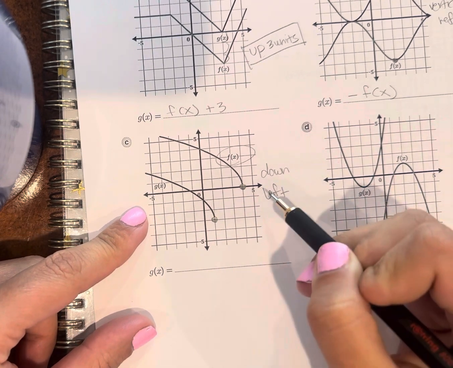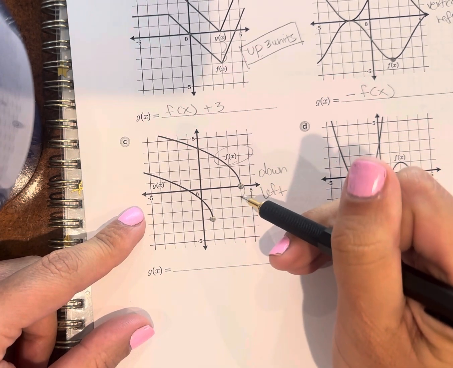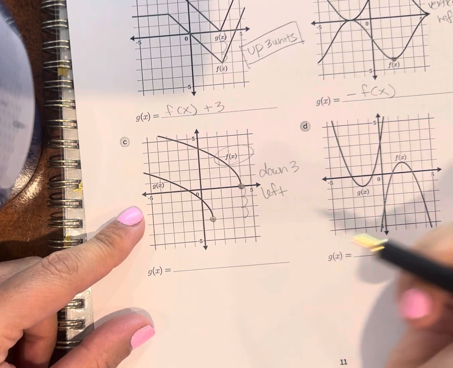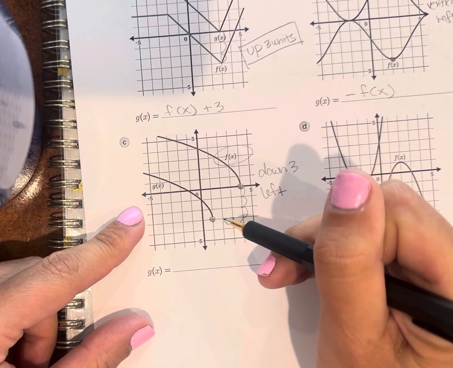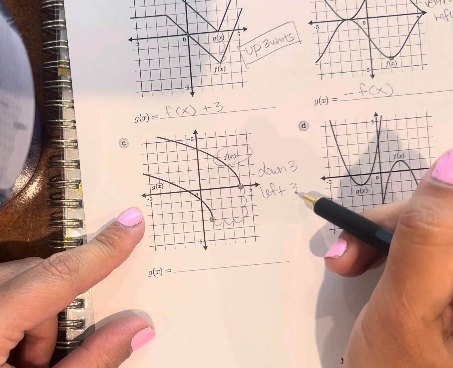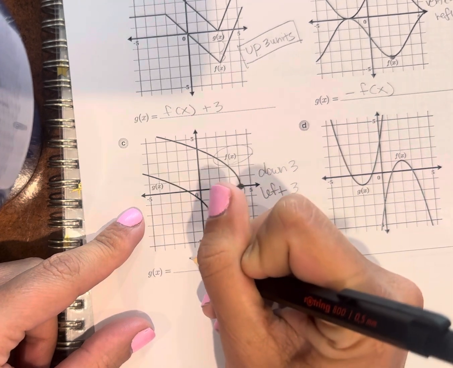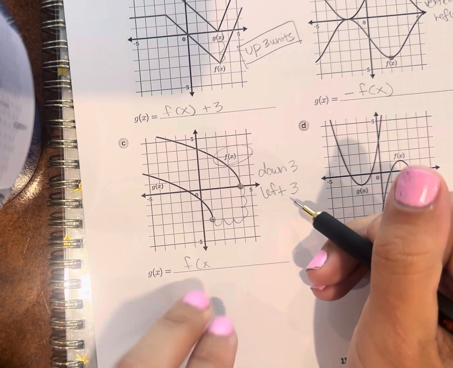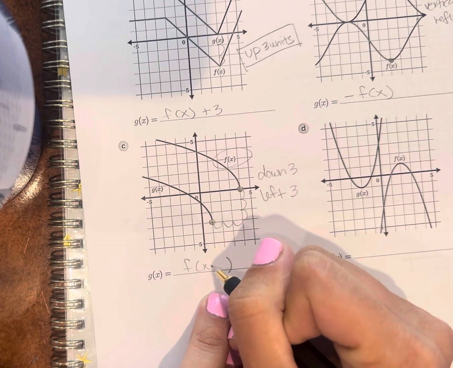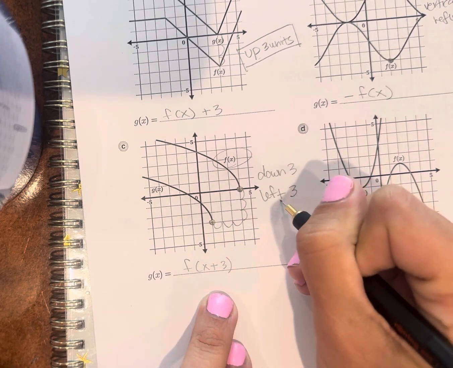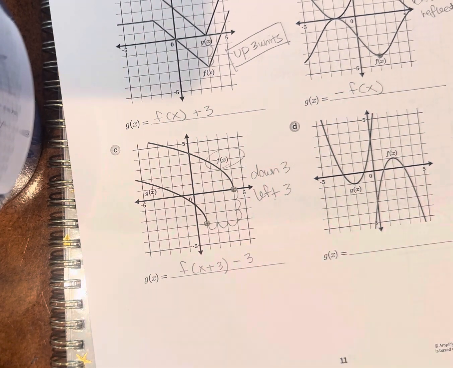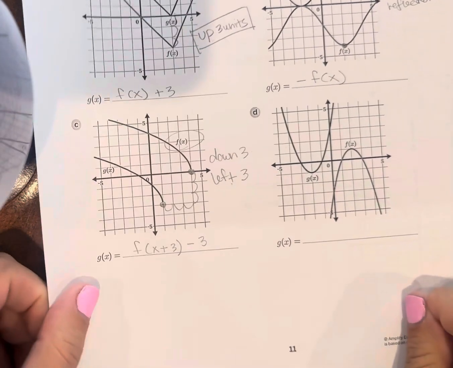And I look at, then I count. 1, 2, 3, down. 1, 2, 3, left. Okay, so that means that I've got my f of x, but the left right is inside the parentheses, a plus 3, the opposite, and then a down 3, a minus 3 right there. Okay, and now D.